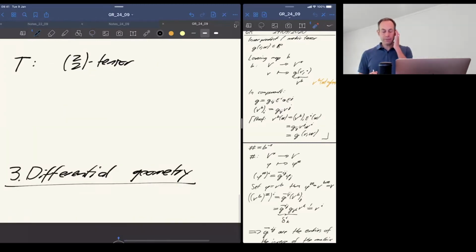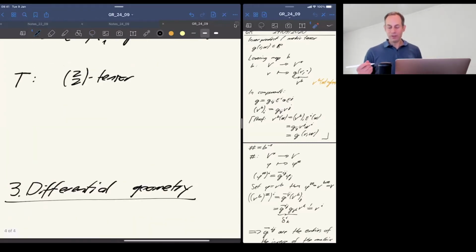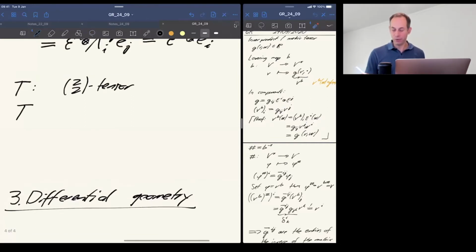Now I can do things either in components or in a component independent way, but let's first start with the components because that gives a different view. So if it's a 2-2 tensor, it has, of course, 4 indices. Let's call them I, J, M and N. And now if I take the contraction of such a big tensor, I need to specify more than just saying that I take the contraction.